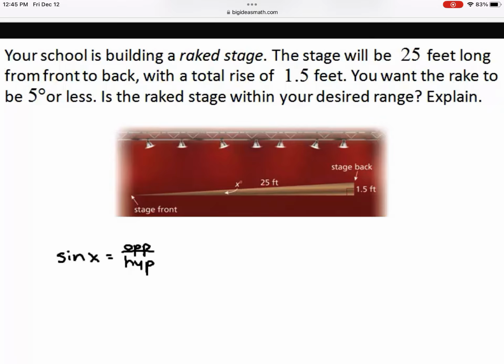So the sine of x is equal to the length of the opposite side divided by the length of the hypotenuse. Looking at the picture, 1 5/10 is the length of the opposite side, and 25 is the length of the hypotenuse. So substituting in this information gives the sine of x is equal to 1 5/10 divided by 25.